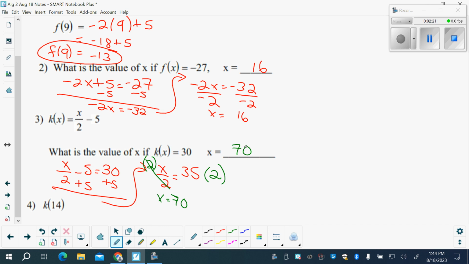Okay, last one, number 4. We are finding k of 14. So what do we do? Emily O, what would we do on this one?